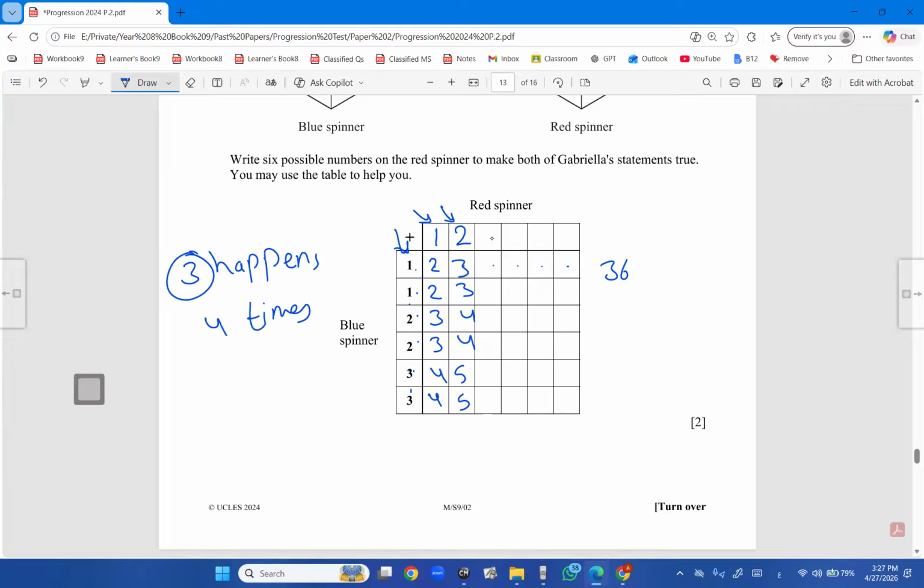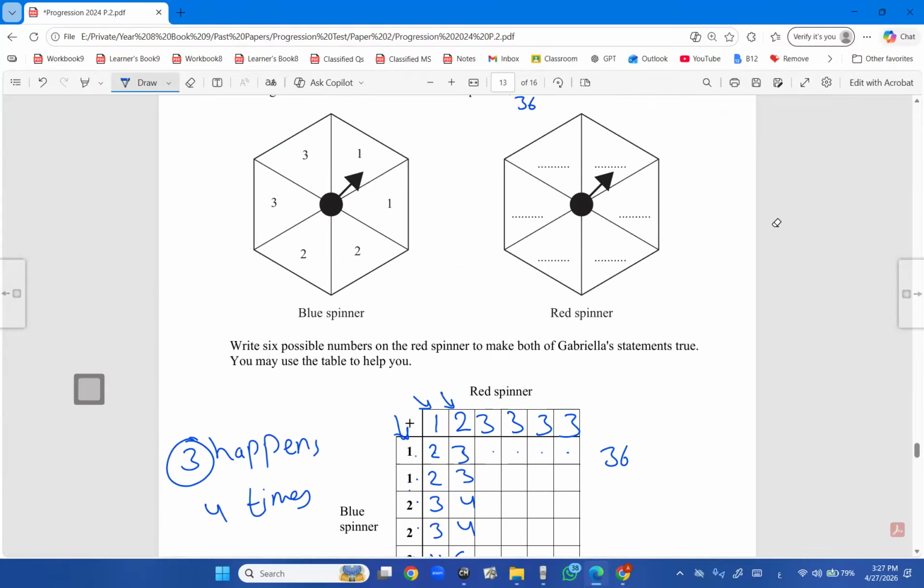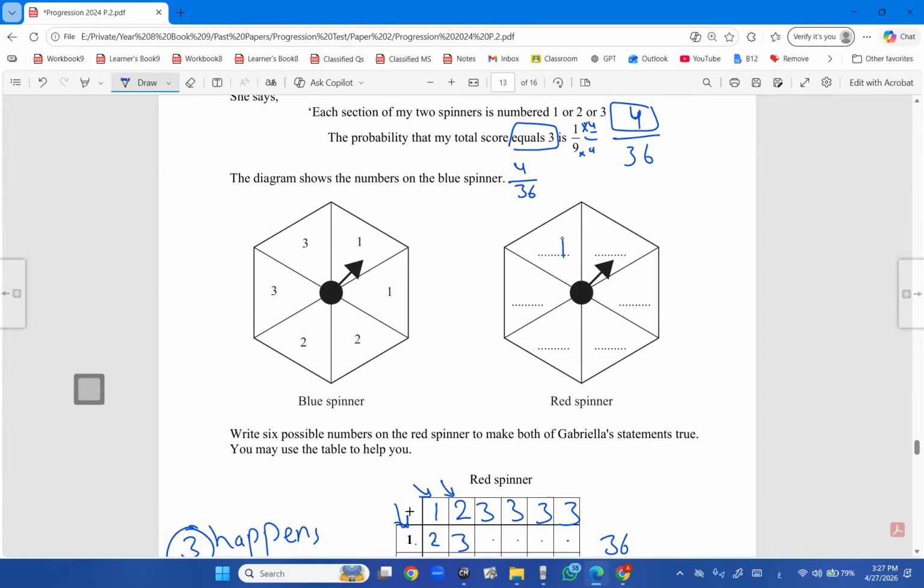How can I avoid having more 3s in the total? By putting here a 3, a 3, a 3, a 3. Definitely the totals are going to be numbers greater than 3. I've had enough 3s. So you can write here 1, 2, 3, 3, 3, 3. This is the answer that they want.